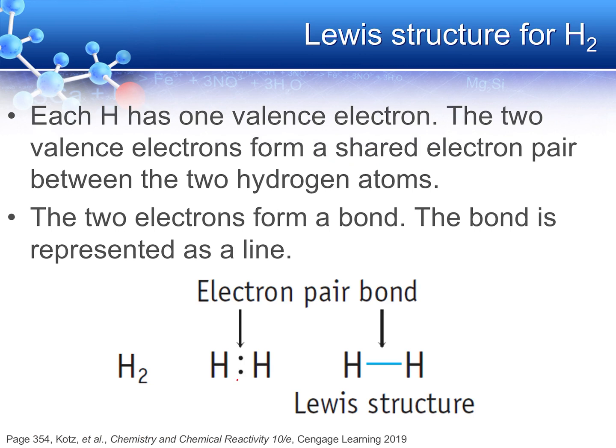If this hydrogen has this valence electron and that hydrogen has that valence electron, then the 2 of them come together to form a bond. So there's a bond between these 2 hydrogen atoms, which means those 2 electrons are shared. We could just draw the 2 dots, but usually we draw a line. When you see a line, that's a bond, and the line means 2 electrons, and it means that the electrons are shared.